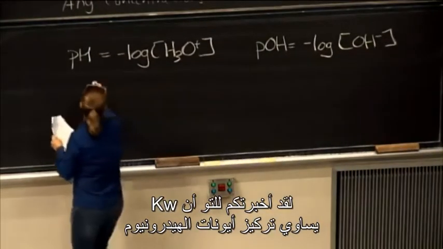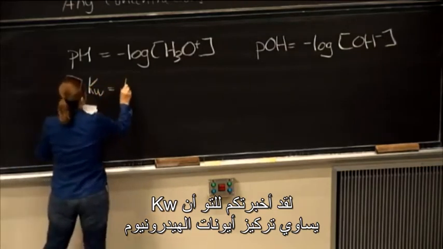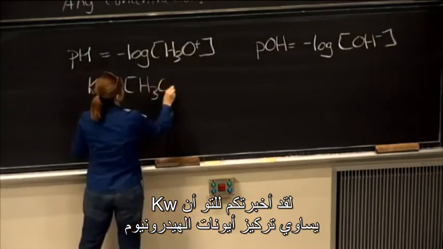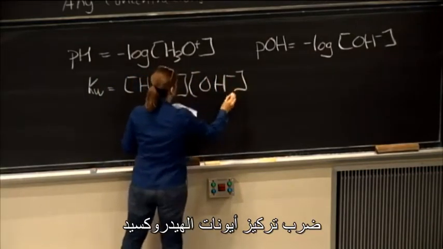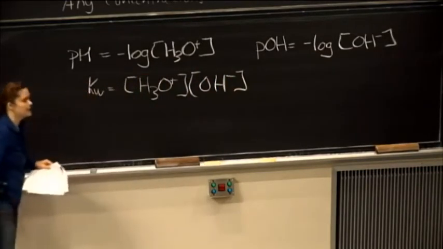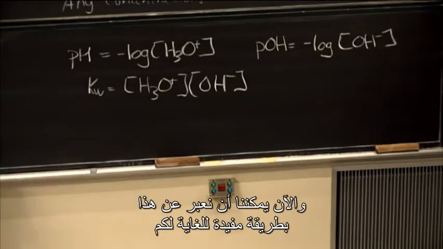I just told you that Kw is equal to the concentration of hydronium ions times the concentration of hydroxide ions. And now we can express this in another very useful way for you.